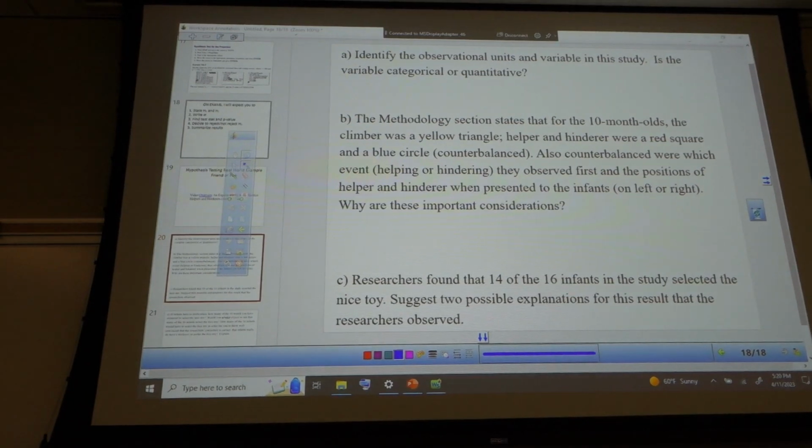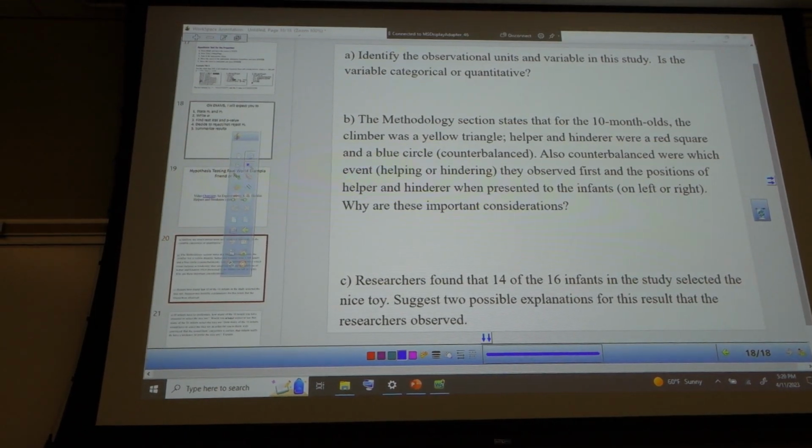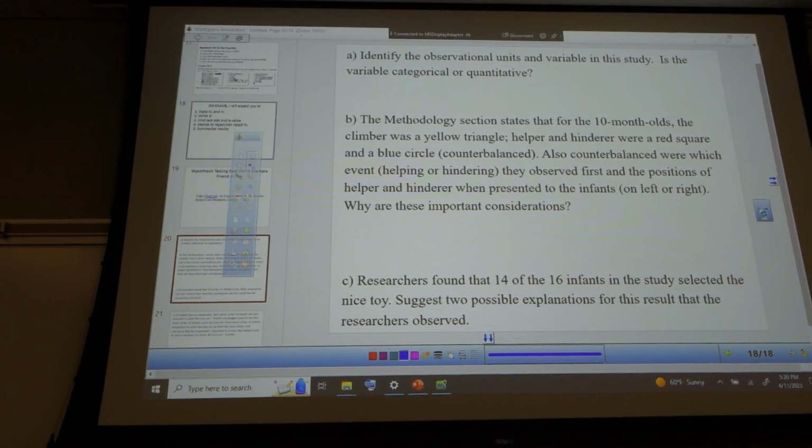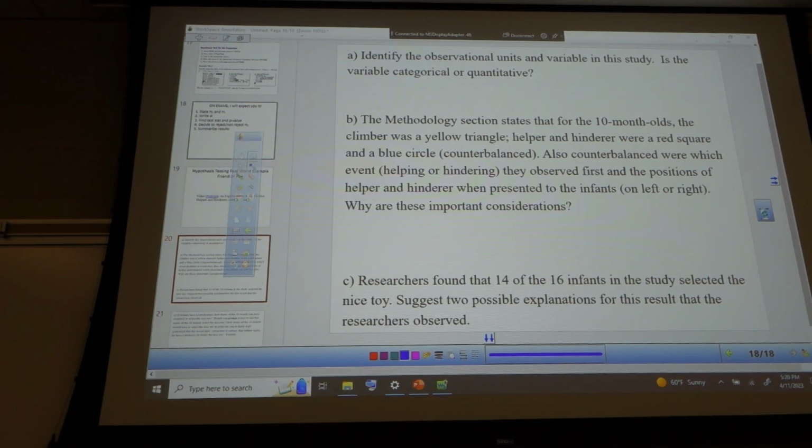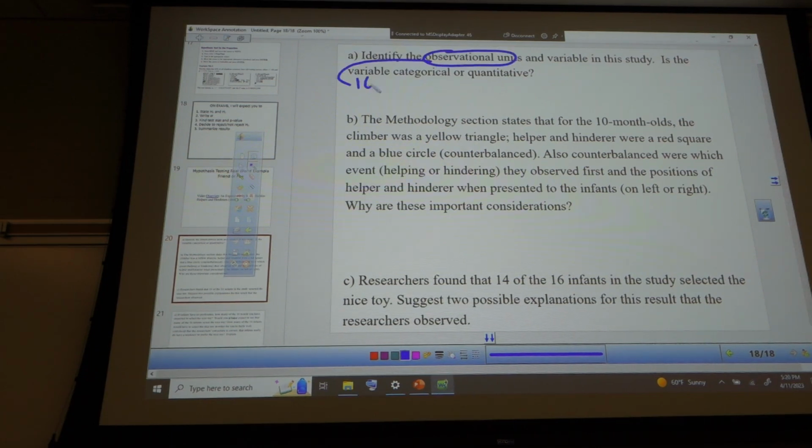All right, so what were my observational units? Who do we observe? The babies. Yeah, the 16 babies. And what was the variable? What did I ask myself about each of them? Who they chose. Yeah, exactly.